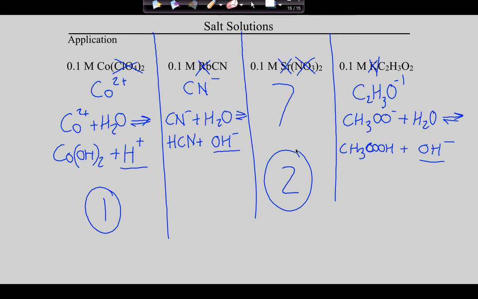But now we've got a problem. And the problem that we've got is this. Both of these are releasing OH. Which one is going to release more? In order to know, what do we need to know?